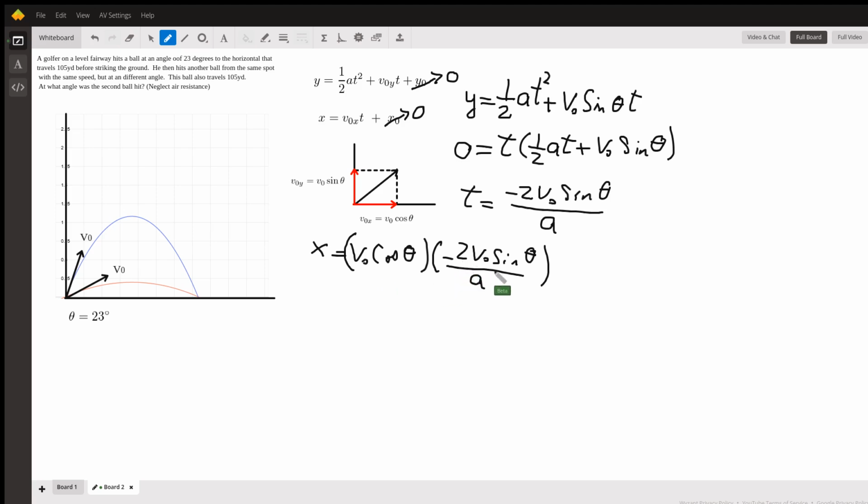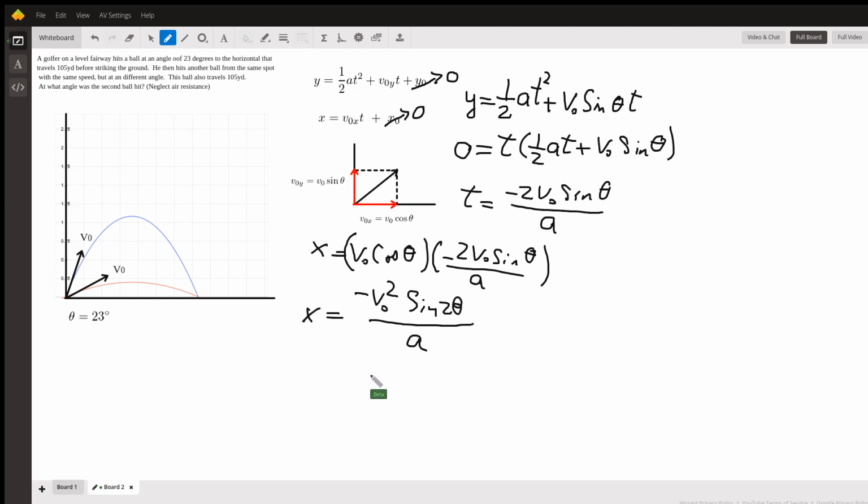We have 2 times sine theta cosine theta. That's equal to sine of 2 theta. So we can replace that with negative v naught squared sine of 2 theta divided by a.